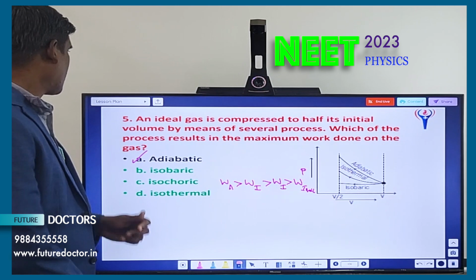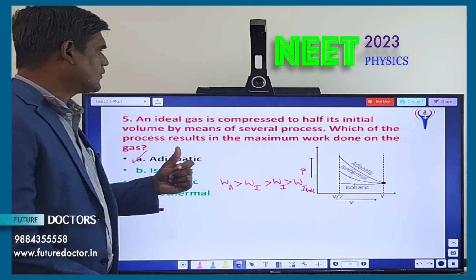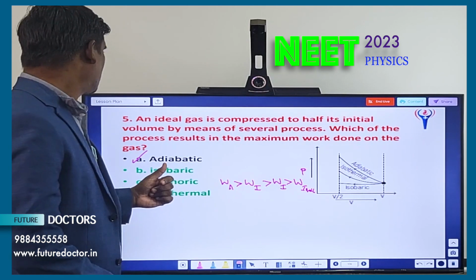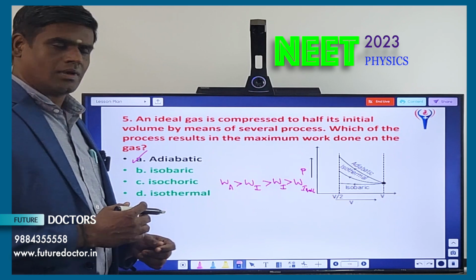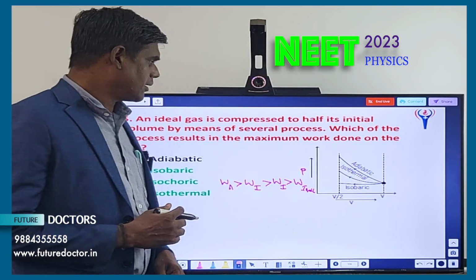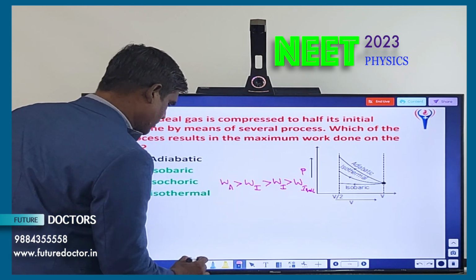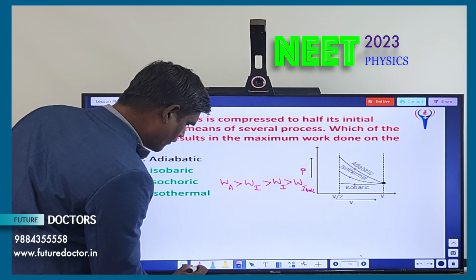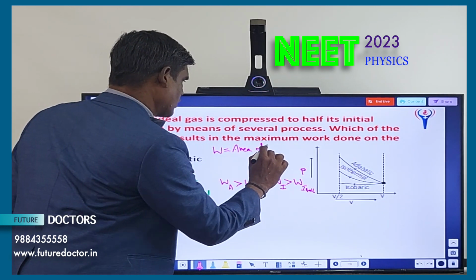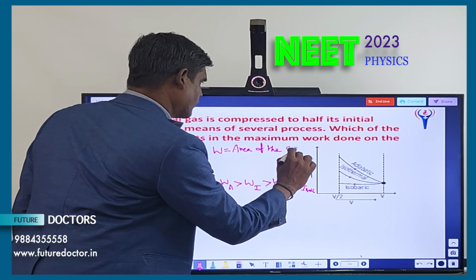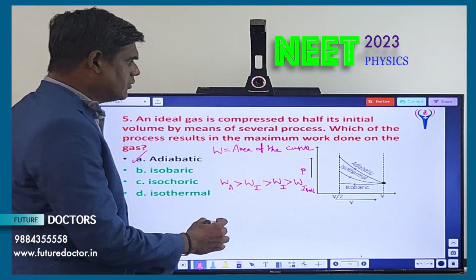Question number 5. An ideal gas is compressed to half its initial volume by means of several processes. Which of the processes results in the maximum work done on the gas? In the PV diagram, work done is nothing but the area under the curve.